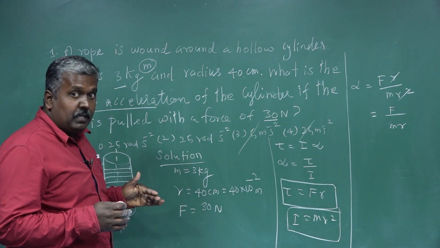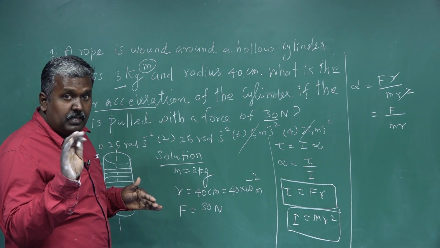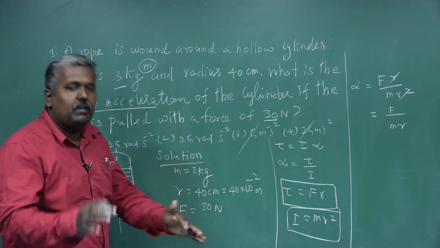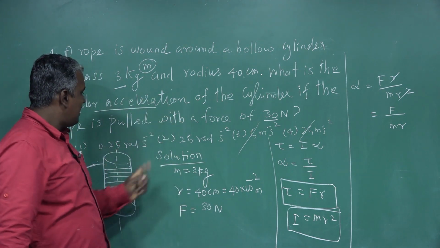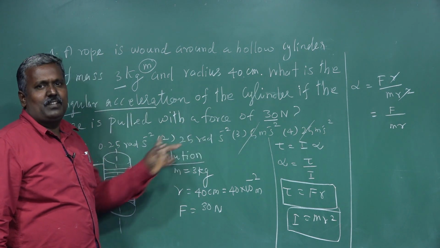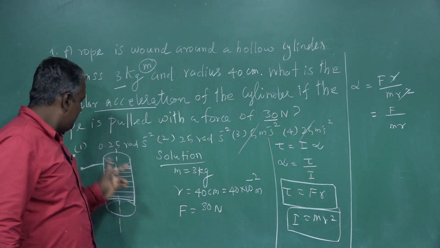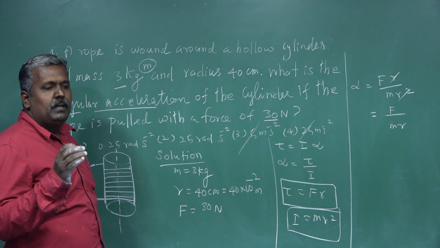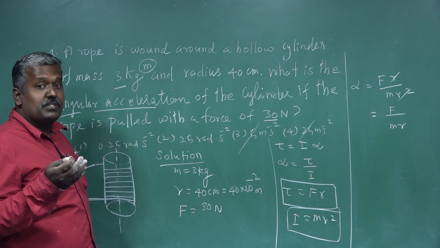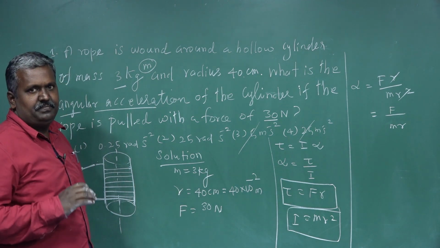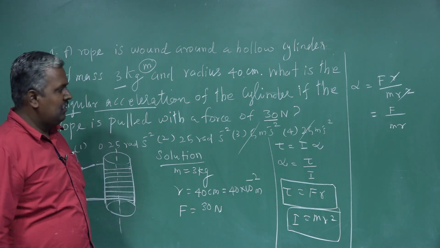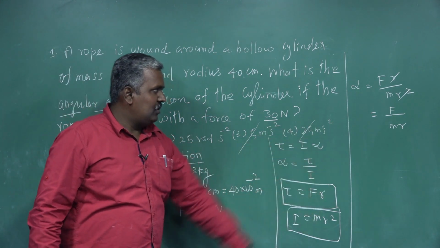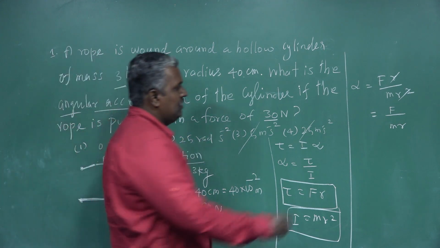Here we want to calculate not linear acceleration but angular acceleration. So compulsorily radian per second square comes. So it is one of these two options only. That is the simplest method to select the option for 1 mark. Strike out the others.